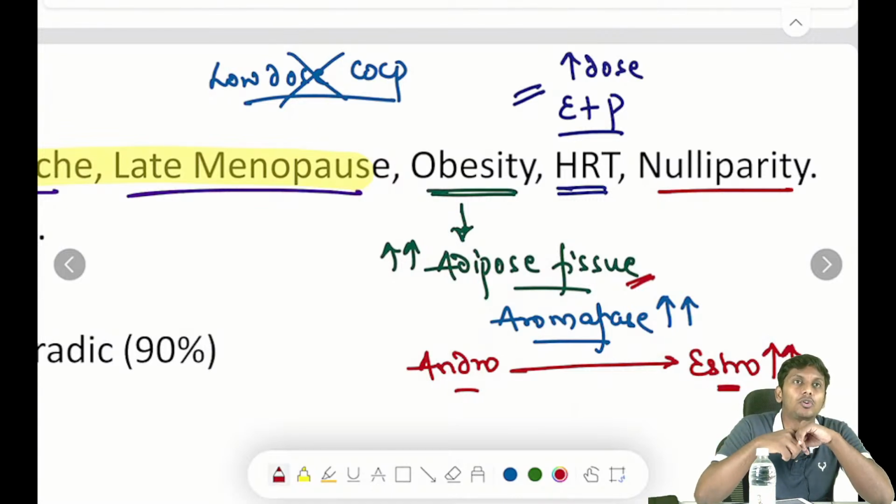But if a patient has never been pregnant, वो कभी pregnant ही नहीं हुई, or has never delivered a child, one and the same thing. So in this patient, was there any pregnancy? No. If there was no pregnancy, was there any lactation? No. If there was no pregnancy and no lactation, did she get any breaks from the menstrual cycle?